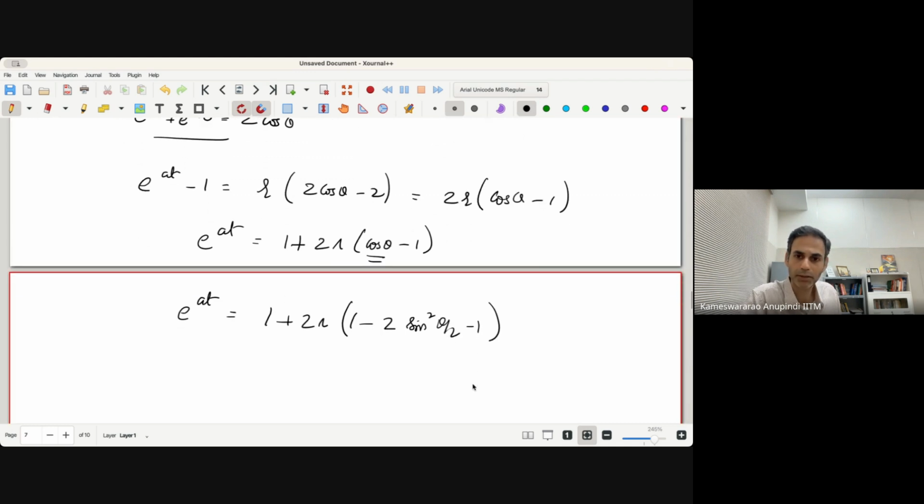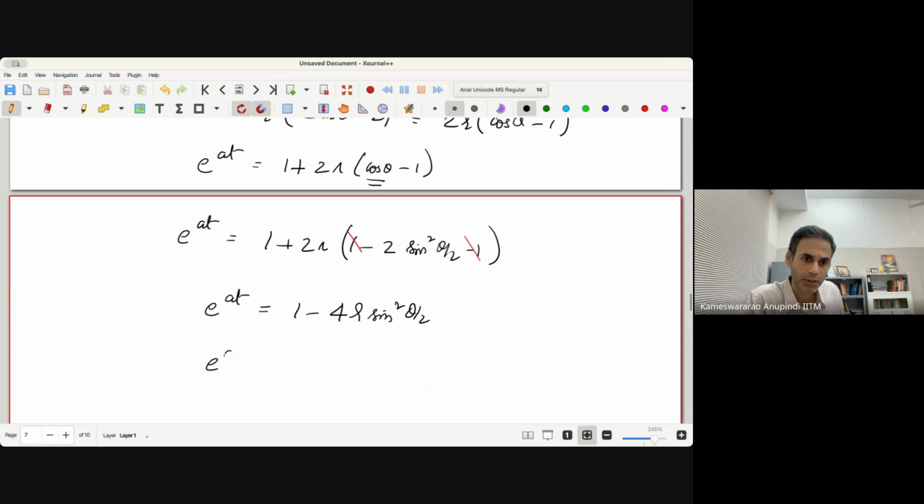Then this 1 gets cancelled with the minus 1, and we have e to the power a t equals 1 minus 4r sine square theta by 2, that is, 1 minus 4r sine square k delta x by 2.